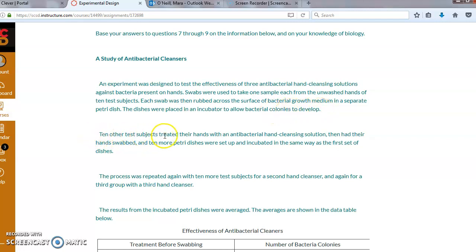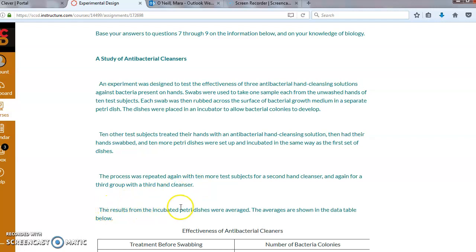10 other test subjects treated their hands with an antibacterial hand cleansing solution, then had their hands swabbed, and 10 more petri dishes were set up and incubated in the same way as the first set of dishes. The process was repeated again with 10 more subjects for a second hand cleanser, and again for a third group with a third hand cleanser.